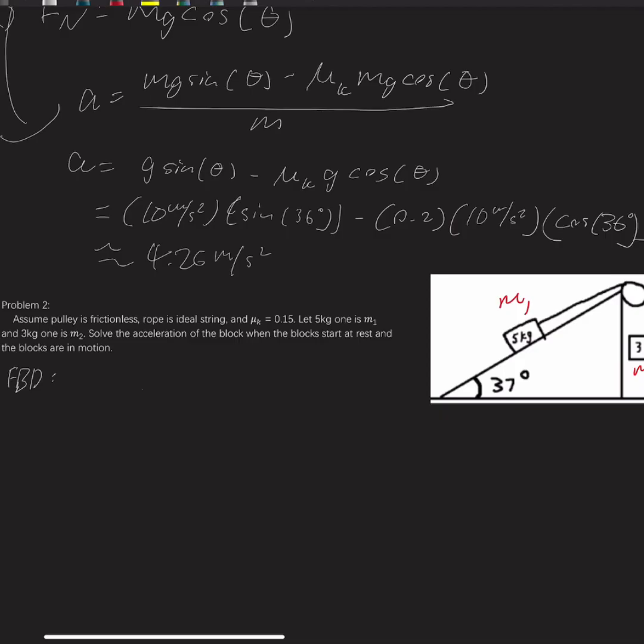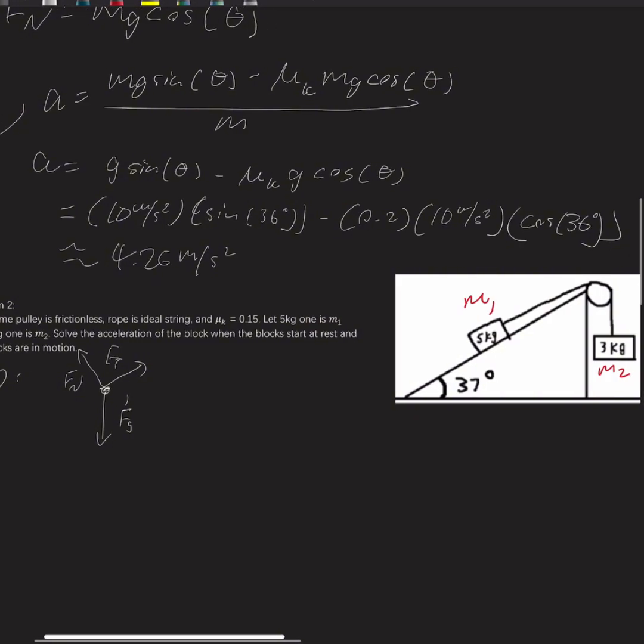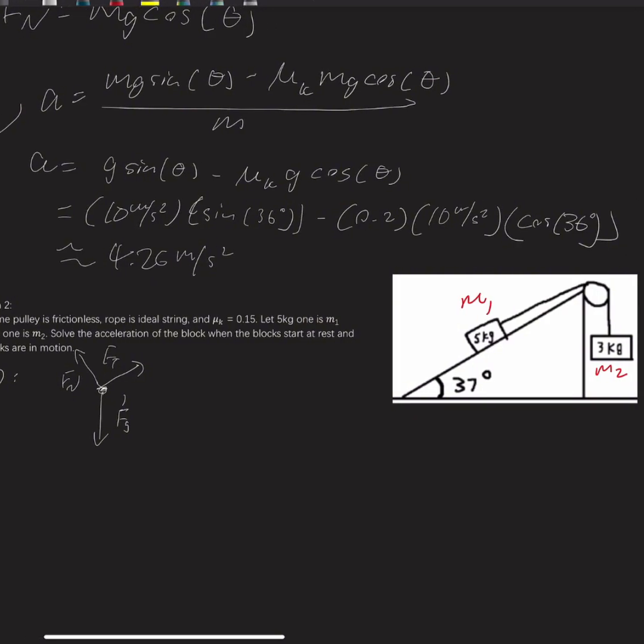For mass 1, it has a force of gravity. It has a force of normal, perpendicular to the surface. It has a force of tension because it's a rope. If we assume that the object goes this way is positive, then the friction is going this way.